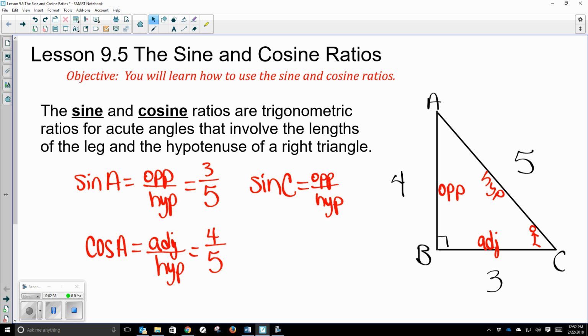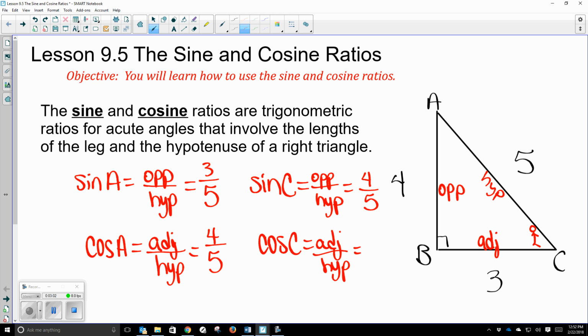Those two things switch when you're referring to a different angle. So opposite for angle C is not 3, it's 4. And hypotenuse is always the hypotenuse, it's 5. Cosine of angle C is adjacent over hypotenuse, which is, for angle C, 3/5.